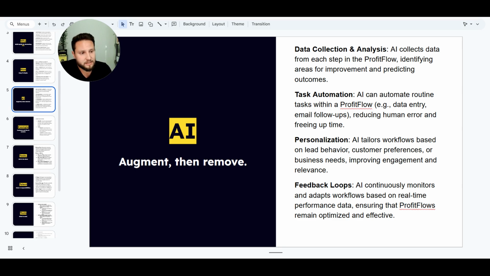Inclusive in this is true personalization, because this is an automation in the sense of a binary one-to-one, right? In leveraging AI, what we're able to do is train the models over time, and it becomes a truly personalized level of approach where it's kind of like a one-to-many in the form of one profit flow can then be interpreted and utilized on a personalized basis in many different ways, based off of the function.